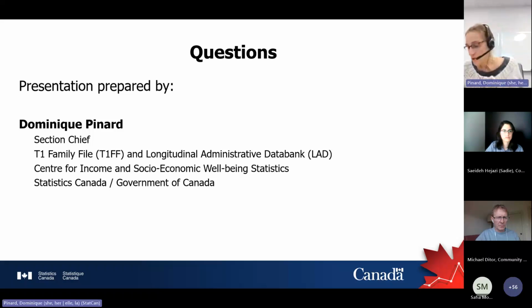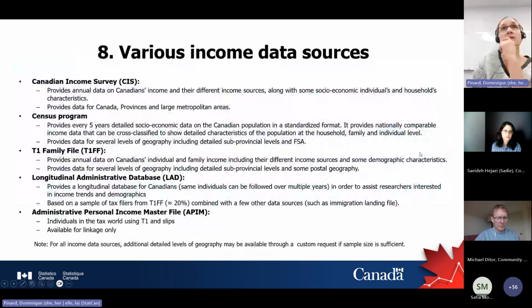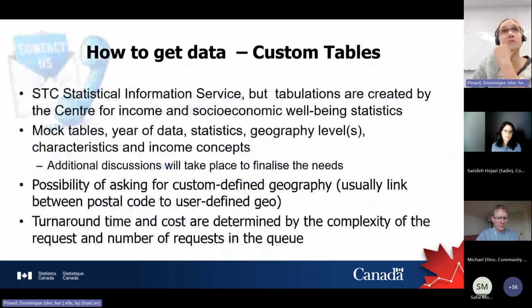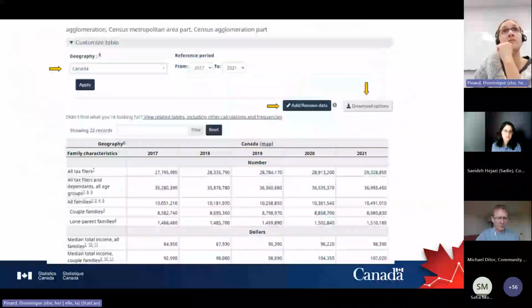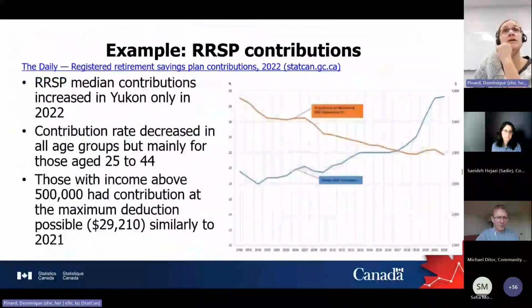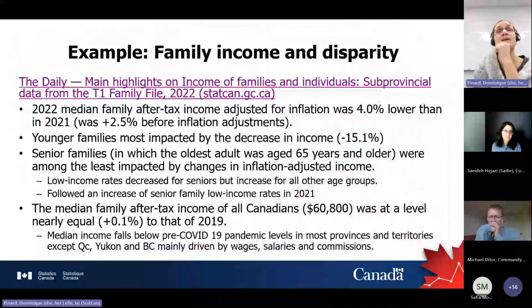So that's the first question. Second question, provincial level. I did talk about that, so maybe I'll go back to my slides. About the provincial analysis, that's the kind of analysis that we do on a regular basis on the TIF.